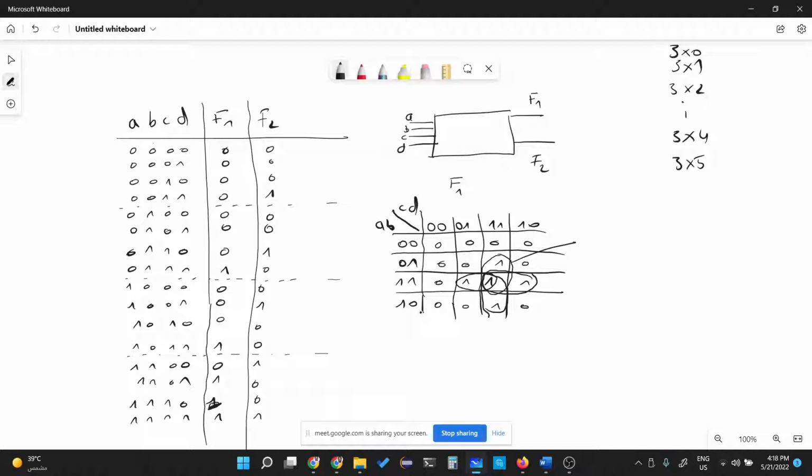Also there are some mistakes in extracting the expression. For example, the expression for this group is, what is the expression here? You have an idea? A, B, D plus. A cannot be in the group because A is changing here.